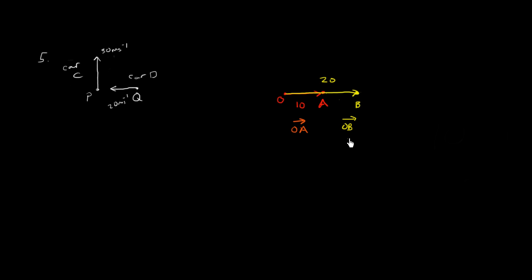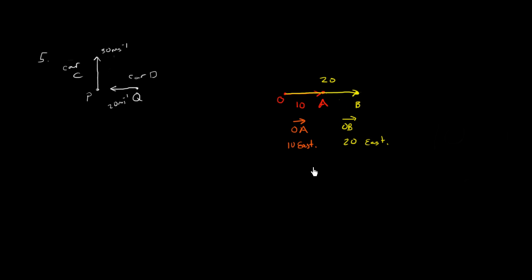One of them, the yellow one, is 20 east, let's say, and the reddish one was 10 east, and I told you, okay, so now I want one that takes me from A to B.